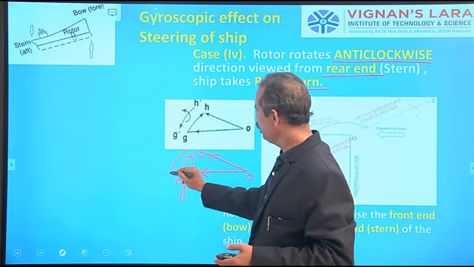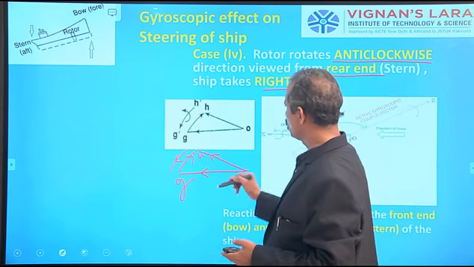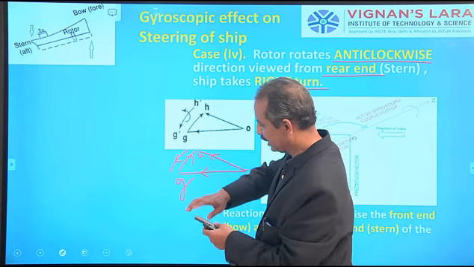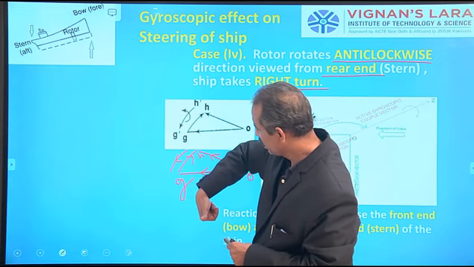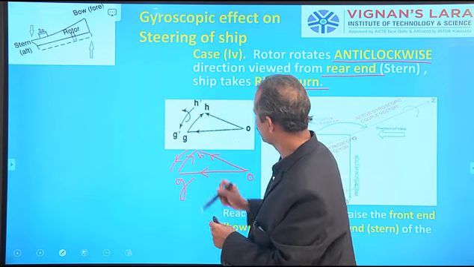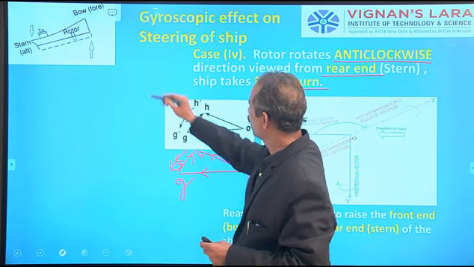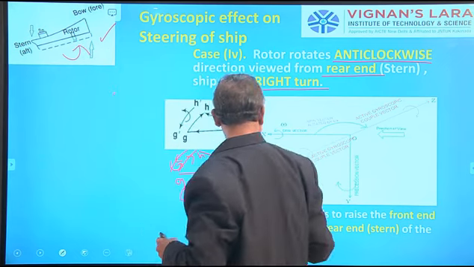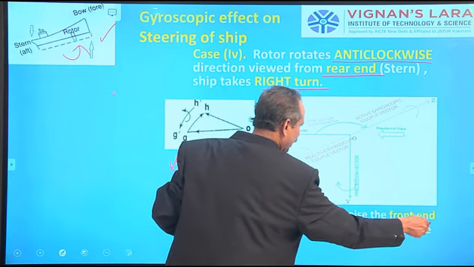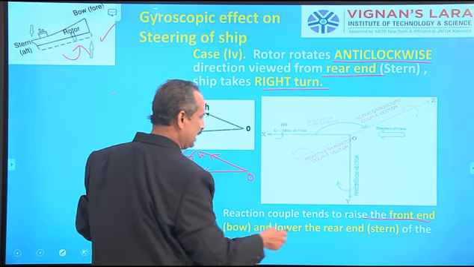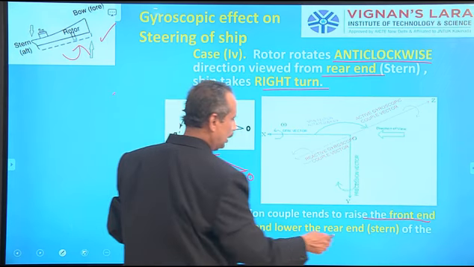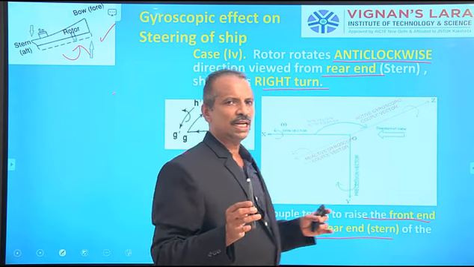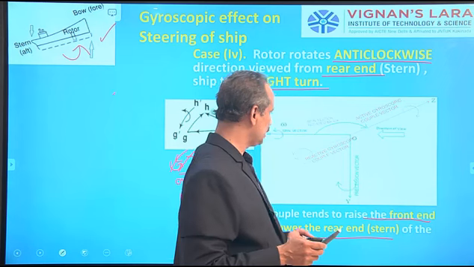Then the reaction is in the downward. So if it is a downward force like this, you can see this couple is causing rising the bow, that is the front end is raised and rear end is pressed down. So these are the 4 cases which we have discussed.